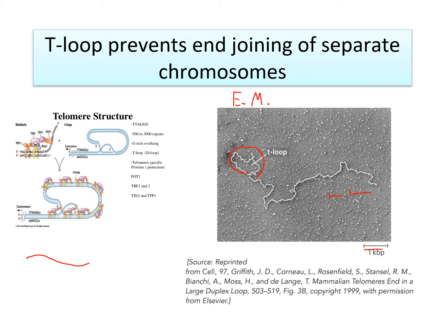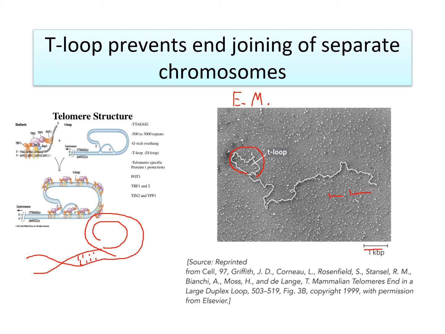Instead of hanging out as a simple broken end, it's looped back around on itself, and now this chromosome end can no longer be accidentally recognized as broken DNA. It's got a unique structure, and that helps protect and maintain the end of the chromosome and stabilize the whole genome, so that we don't have chromosomes randomly getting glued together when we don't want them to.